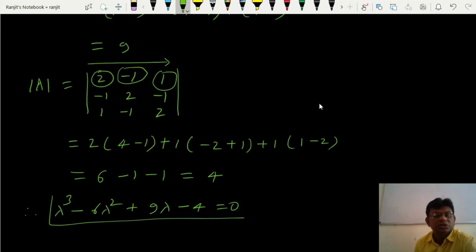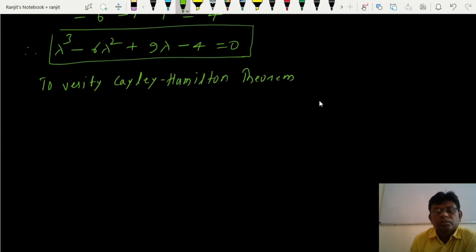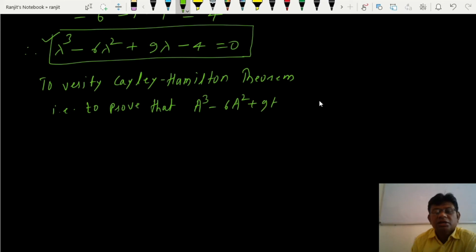So this is the characteristic equation for the given matrix A. Now, to verify Cayley-Hamilton theorem, that is, to satisfy this characteristic equation by given matrix A, that means to prove that A to the power 3 minus 6 times A square plus 9 times A minus 4 times I is equal to 0, means here the 0 matrix.